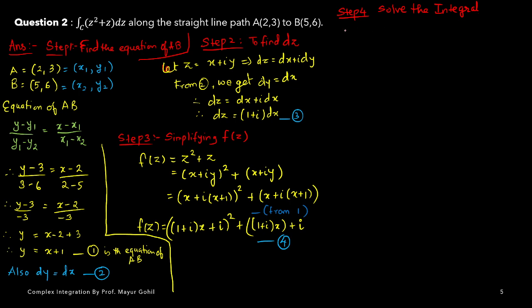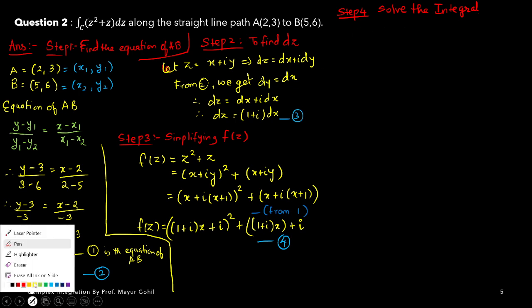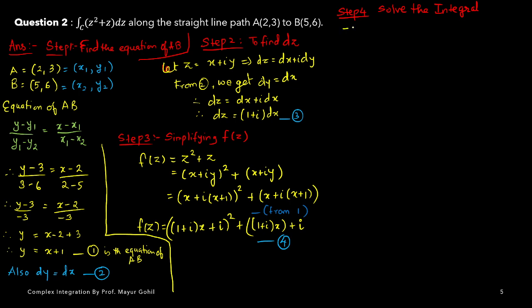So now we know how to solve it. What we do is I equals the integral over C of (z squared plus z) dz. I'll put this as 5 here.